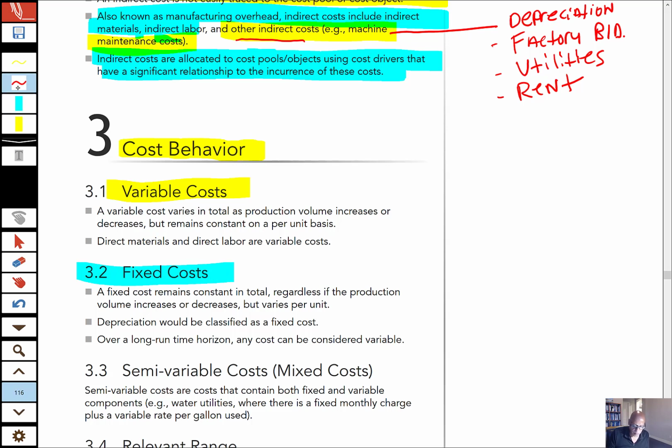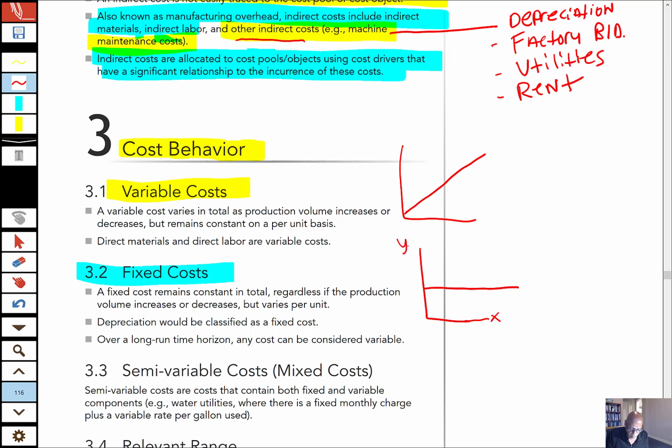So when we look at our cost behavior, our cost can be variable, our cost can be fixed, and remember we talked about variable costs do what? Increase as the production increases, whereas our fixed costs stay constant regardless of the level of production. If they're looking at economics, we get ourselves a little crazy on what side we're on here.